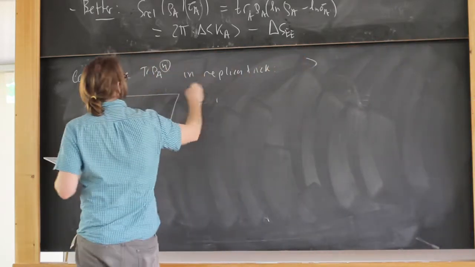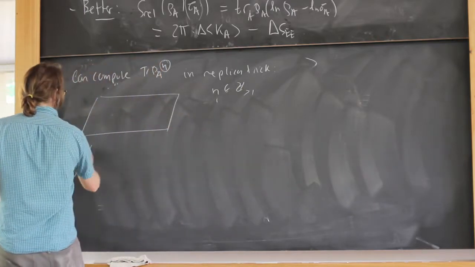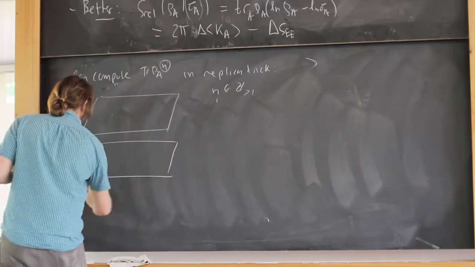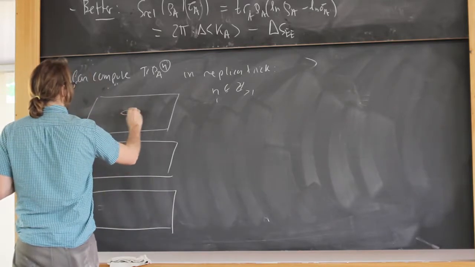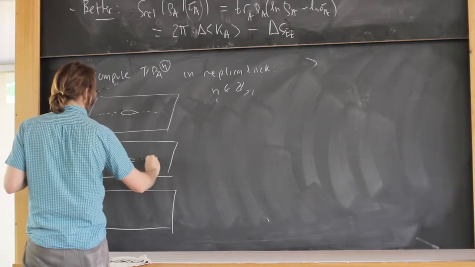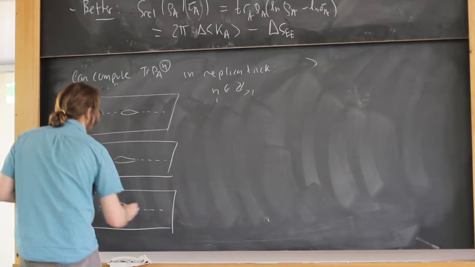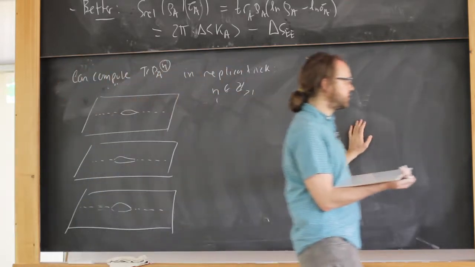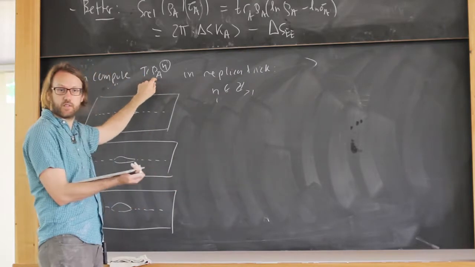So n is some integer that's greater than 1. So we take a bunch of copies, and then we have this cut on each of them. And it shouldn't be hard to see that computing trace rho to the n, well, that's just taking a product of n of these density matrices and tracing.